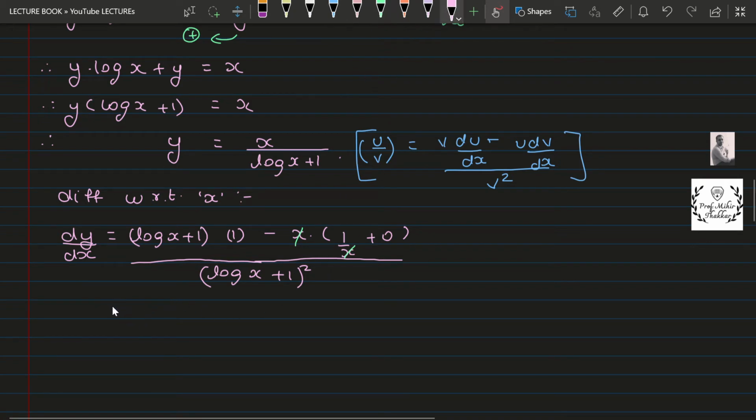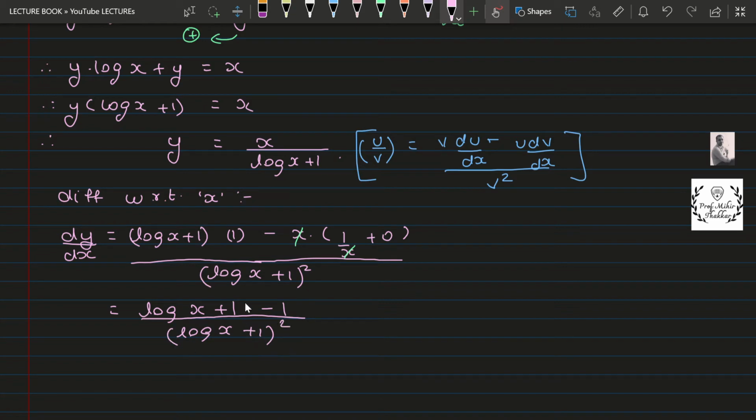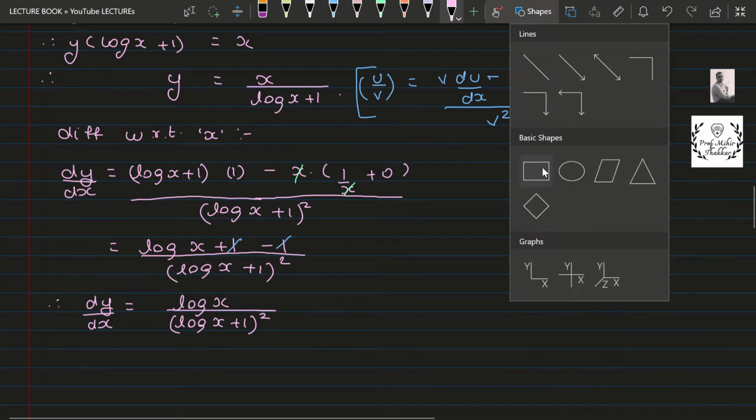So I will get over here log x plus 1 minus 1 upon log x plus 1 the whole square. We cancel off the positive and negative one, as I told you, to get my final answer, which is dy by dx equal to log x upon log x plus 1 the whole square. So guys, that is our final answer.